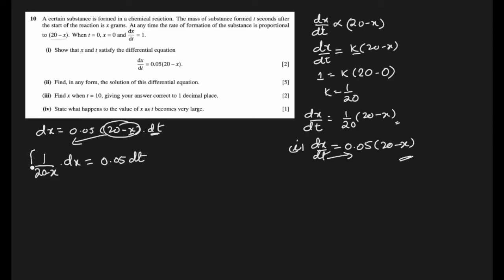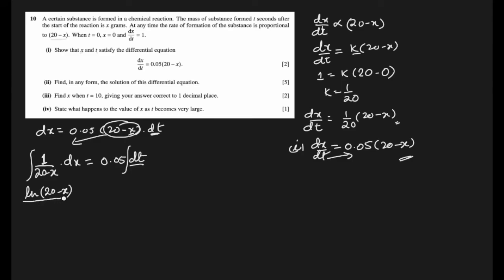Since we have to find a solution of this, we will just integrate both sides. On the left side we have a reciprocal function. So for integrating that, we just write natural log of 20 minus x, and please keep in mind it is only for a linear denominator. If it was not linear, then it would be difficult.